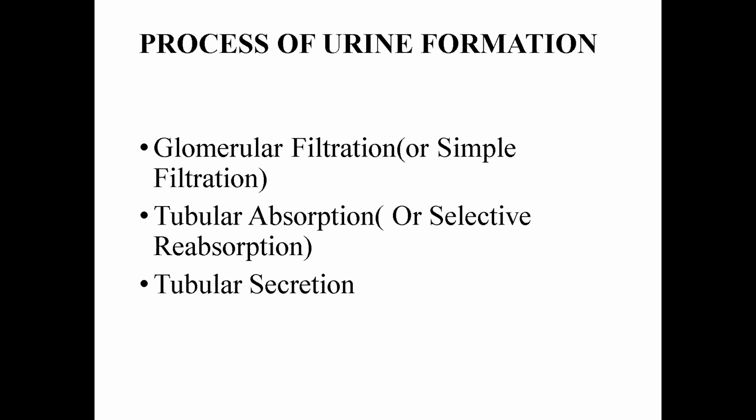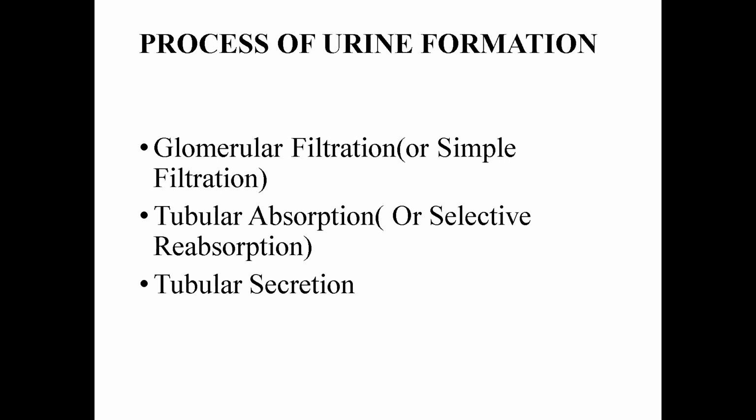Okay, so the last step is tubular secretion. So this is where waste products that remained in the bloodstream are secreted back into the renal tubules. Secretion is controlled by the loop of Henle.